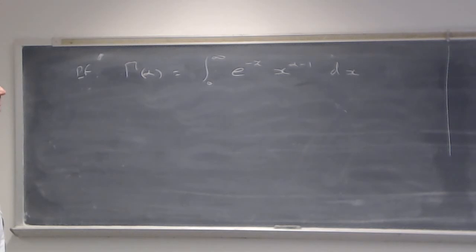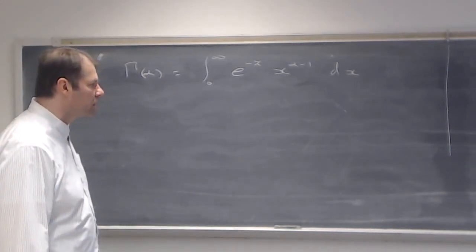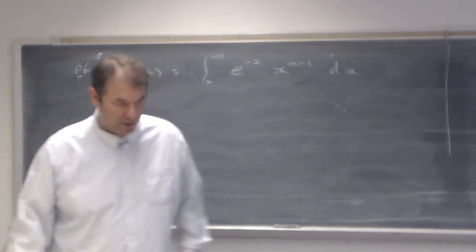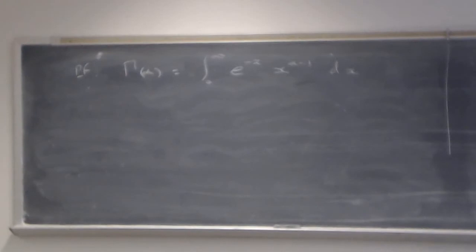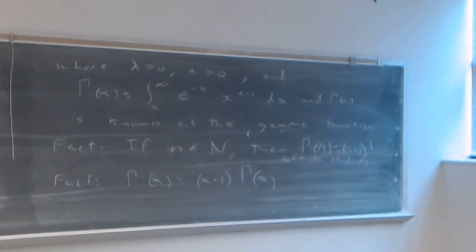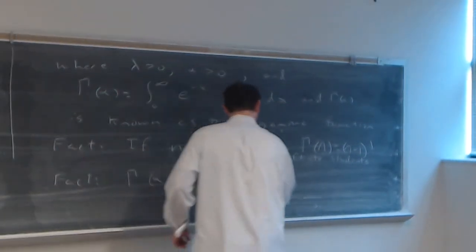Wait a second. I didn't write this down exactly right. I'm sorry, I miswrote this fact. Let me go back. We have to change this. So here is alpha minus 1.